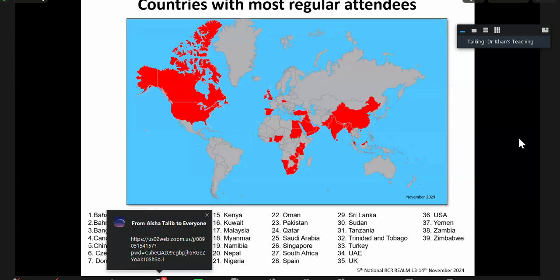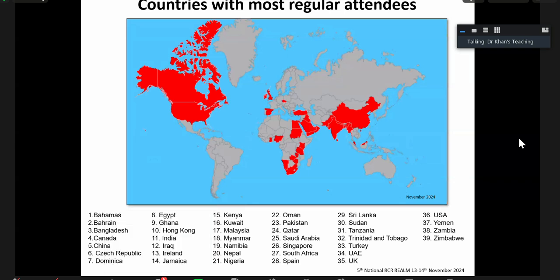This is the influence, for historic reasons, of going back to the Commonwealth. So the Commonwealth countries, as well as the Middle East and Southeast Asia, have radiologists of many countries.